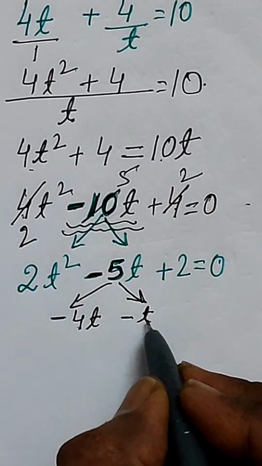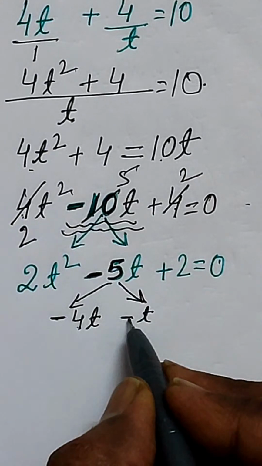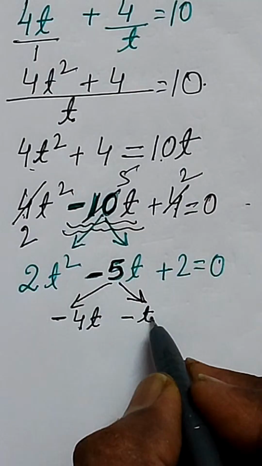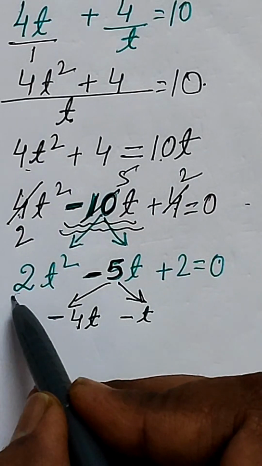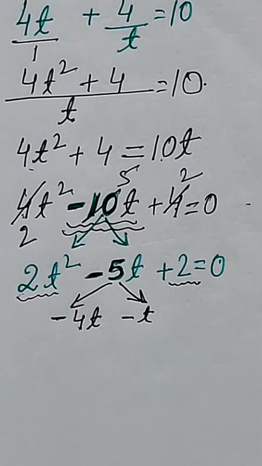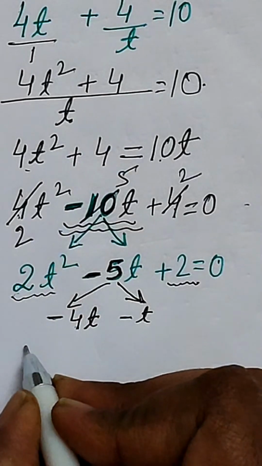And when you multiply them, minus and minus will be plus, and 4t into t will be 4t square, which is the product of the first term and the third term. This is what happens in splitting the middle term.